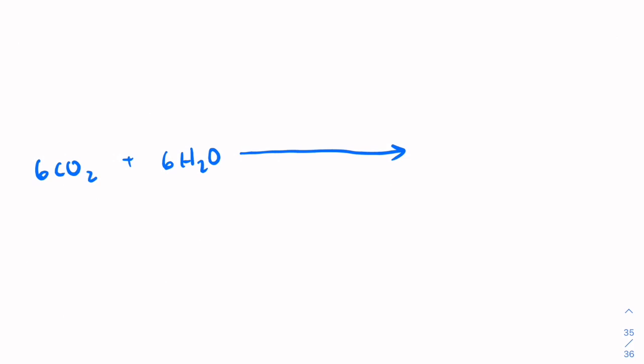Eventually, in the presence of sunlight, after the light-dependent reactions and the light-independent reactions, we will end up with a sugar molecule and a bunch of oxygen that we get to breathe out. Yeah, that's nice and balanced there.